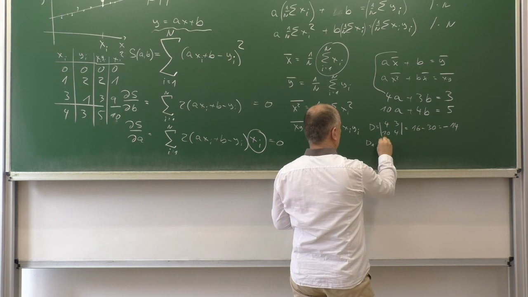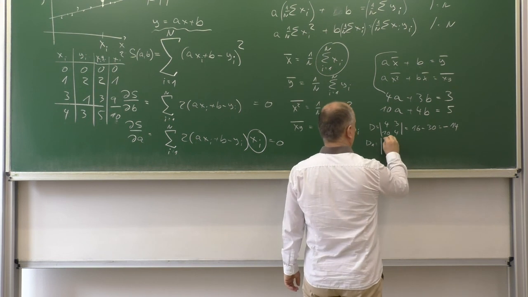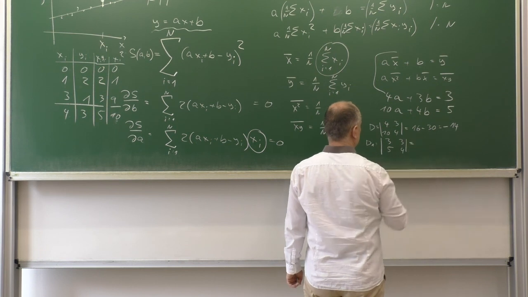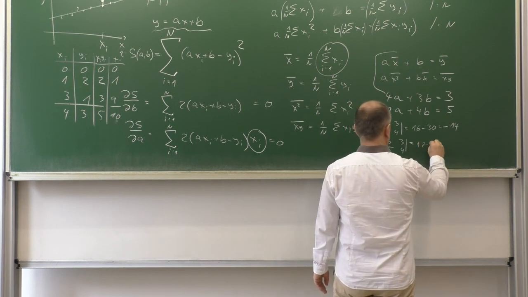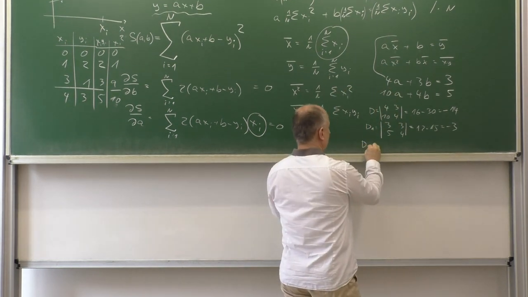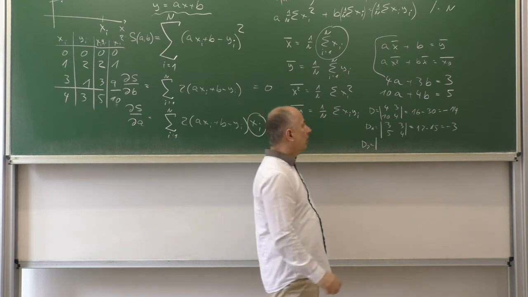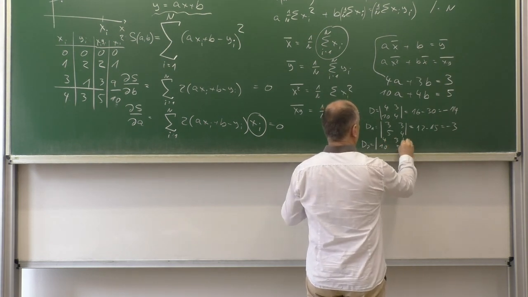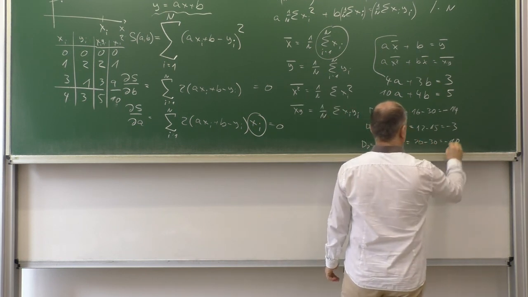D1 is the determinant when we replace the first column with the right hand side column, 3, 5, 3, 4, which is 12 minus 15, which is minus 3. And finally D2 is the determinant of the matrix when we replace the second column with the right hand side column, 4, 10, 3, 5, which is 20 minus 30, which is minus 10.